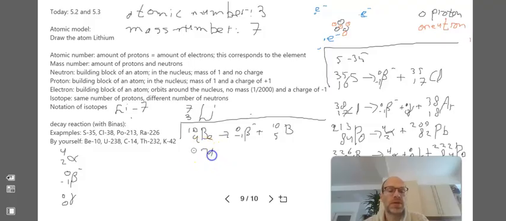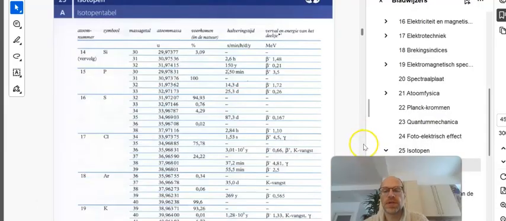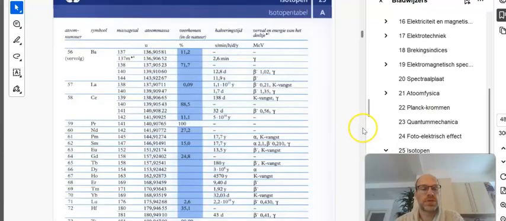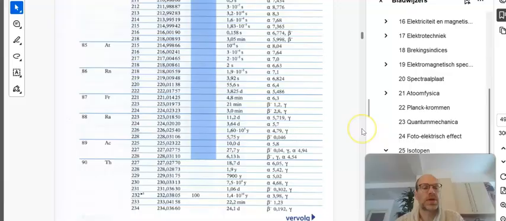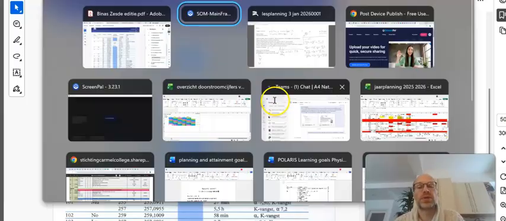And then we have uranium 238. We need to search up uranium, so we need to go all the way down, so we have 230 something. Okay, we have 230 something over here. 238, wasn't it? Alpha and gamma.